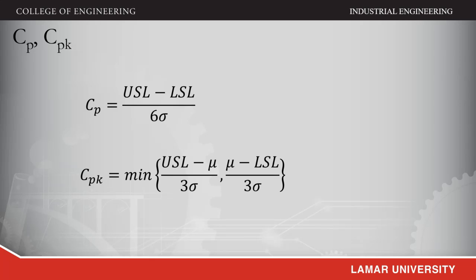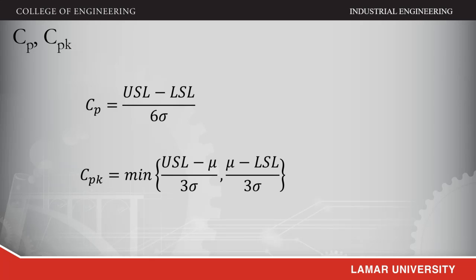On the other hand, in the numerator, we have the difference between the upper specification limit and the lower specification limit. And that is the range for which the product has an acceptance range.